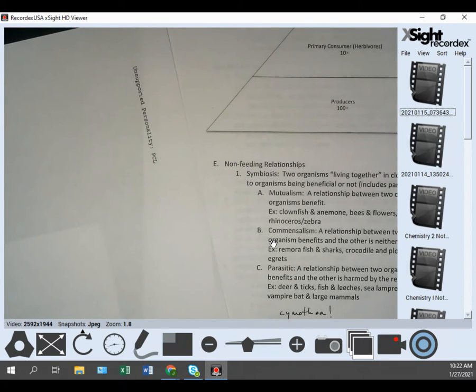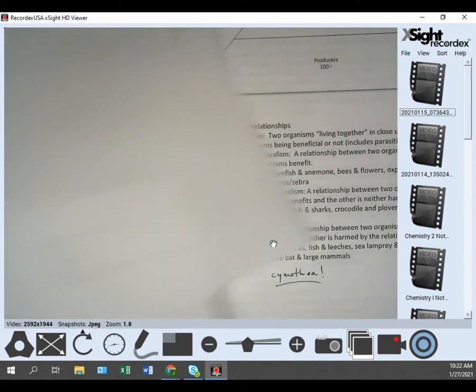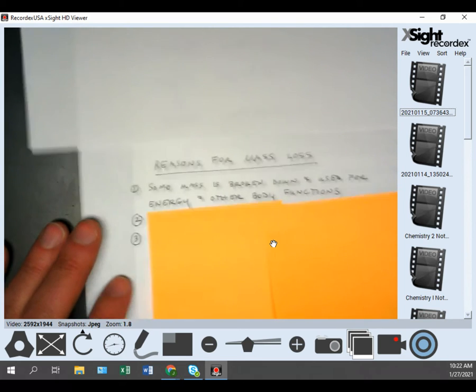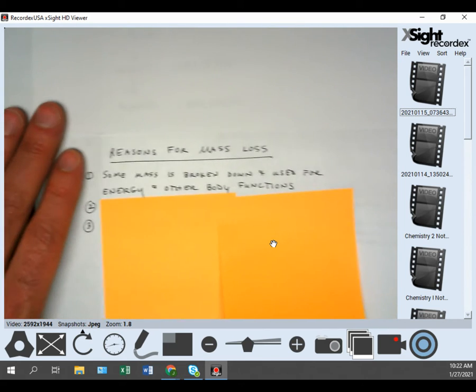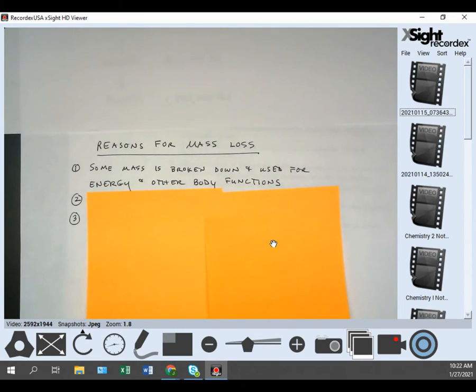I want you to try to figure out the others. Some mass is broken down and used for energy and other bodily functions. These are reasons for mass loss, reasons why not 100% of it is converted.